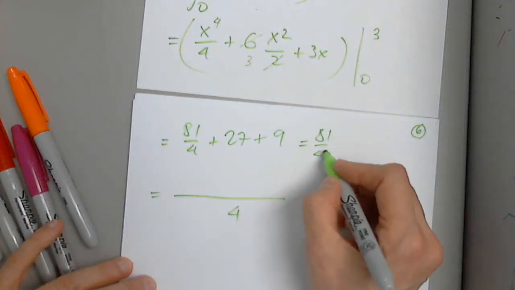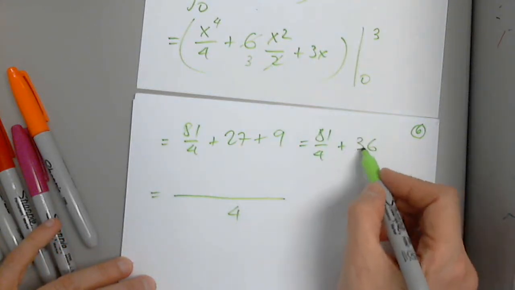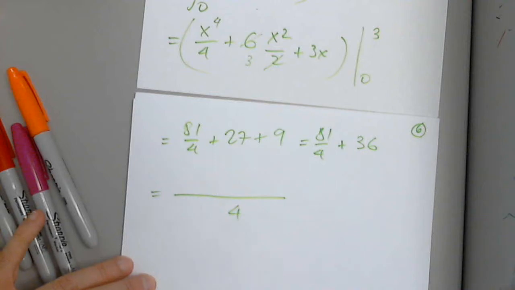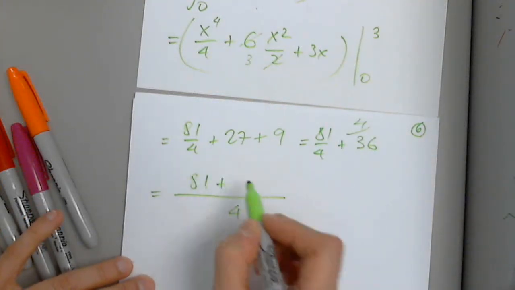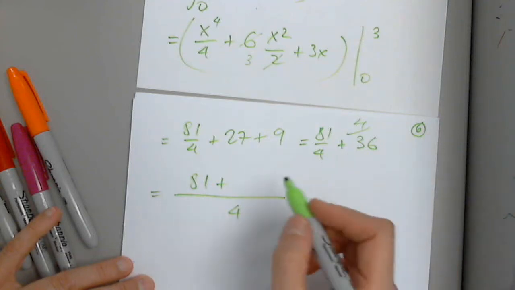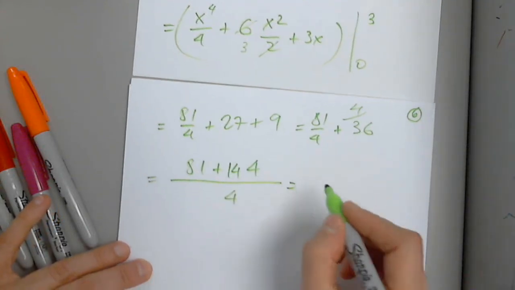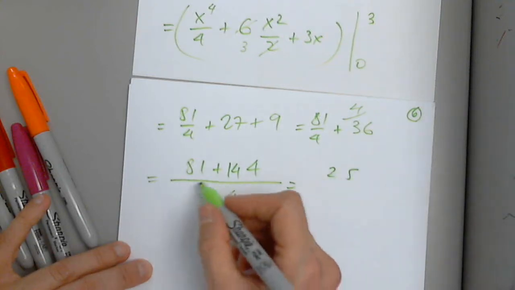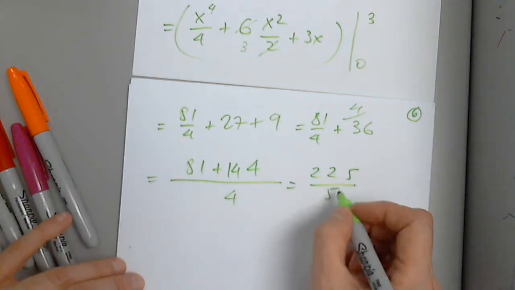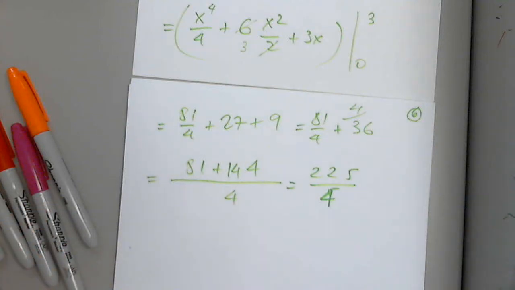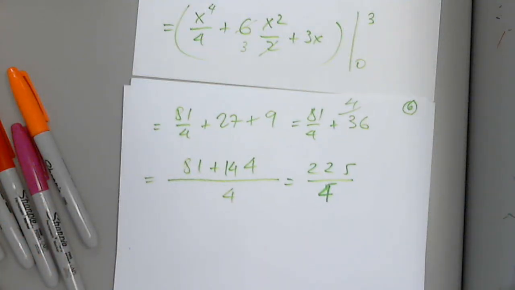So this will be 81 over 4 plus 36. So I multiply 36 by 4. So 81 plus, I get 225 over 4, as expected. We're expecting a 225 over 4.